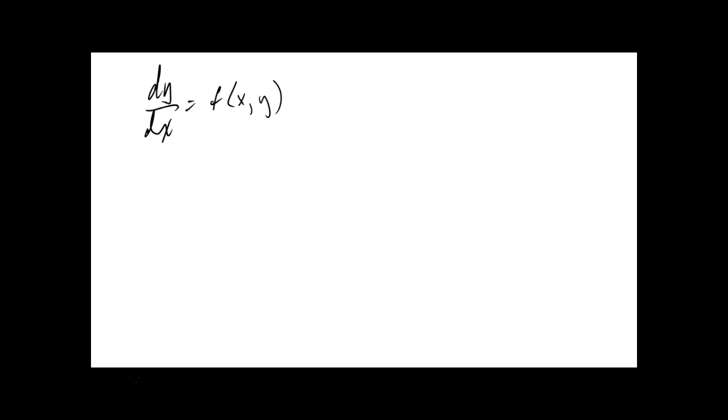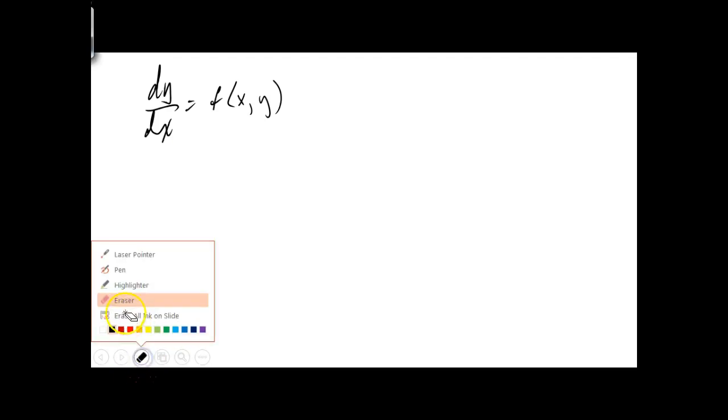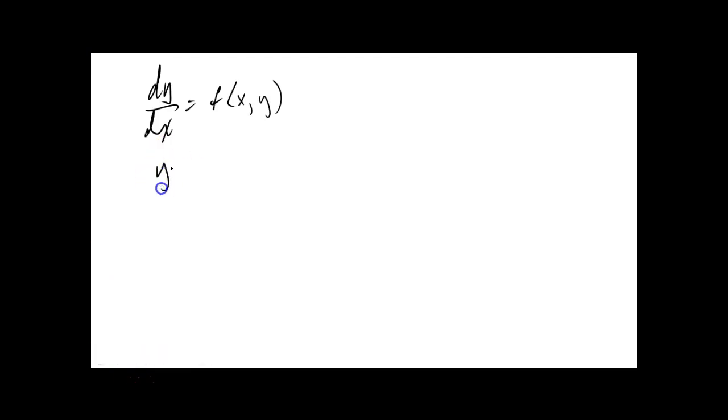So how many initial conditions do you need here? 1. And that usually is designated as y of x0 is some y0.